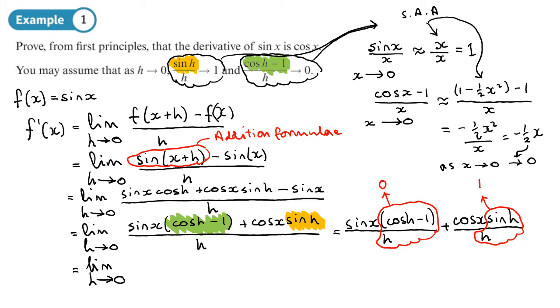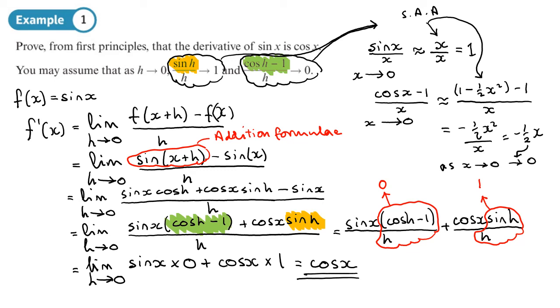So what we're left with, as h tends to 0, you've basically got sine x times 0 plus cos x times 1. And what does that equal? That just equals cos x. So there we go. We've proved that when you differentiate sine x, you get cos x.